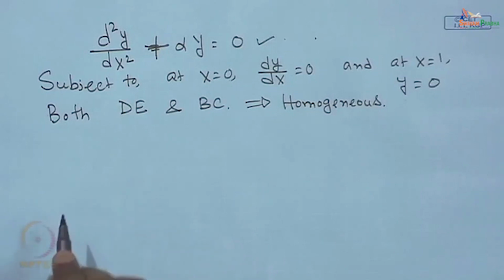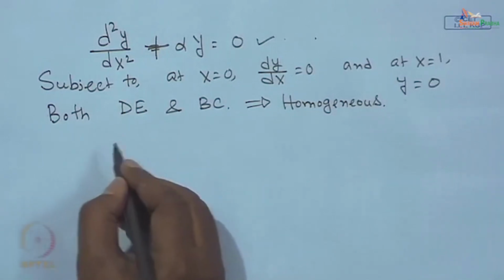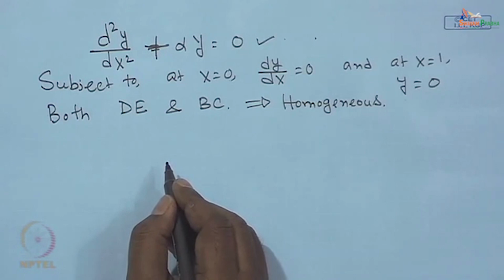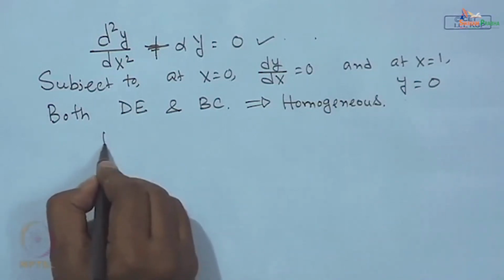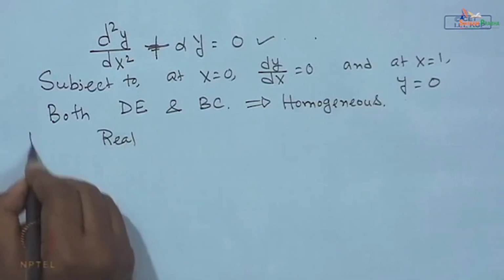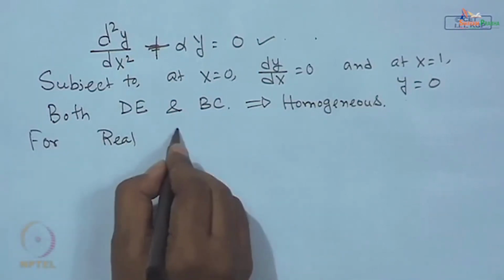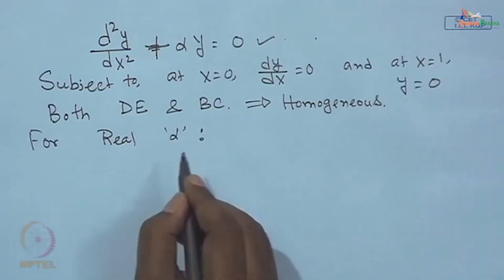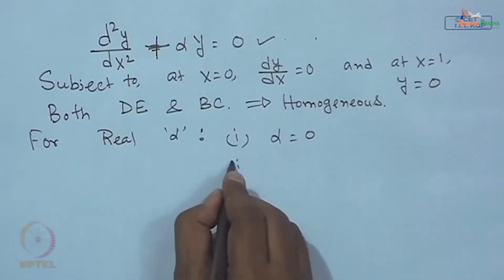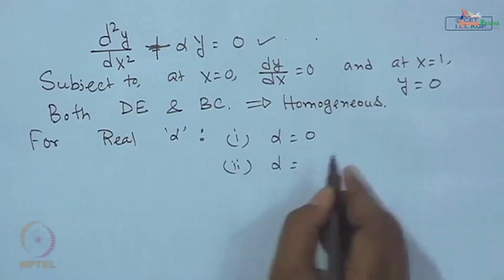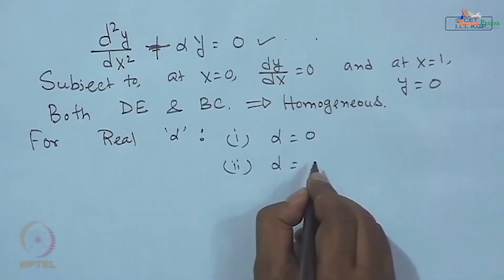So, again we solve these three cases completely. There will be three options for real alpha. For real values of alpha, there will be three cases. Case 1, alpha is equal to 0. Case 2, alpha is negative.